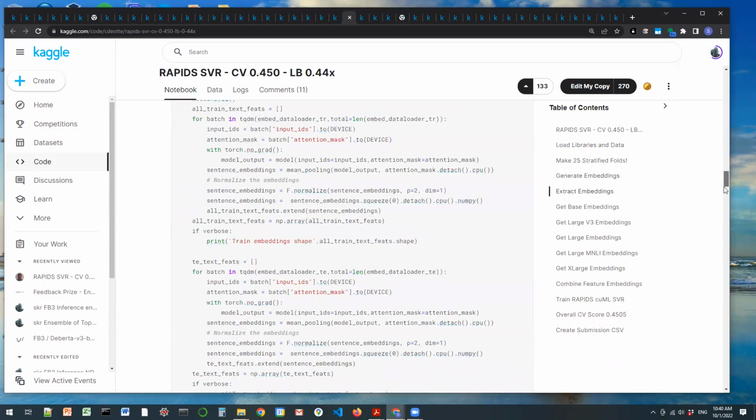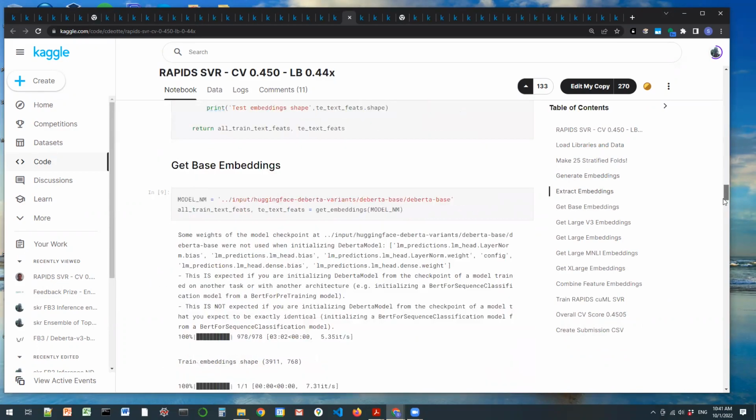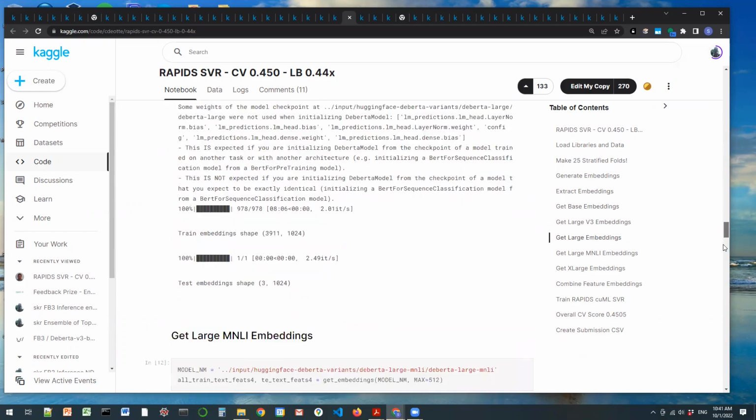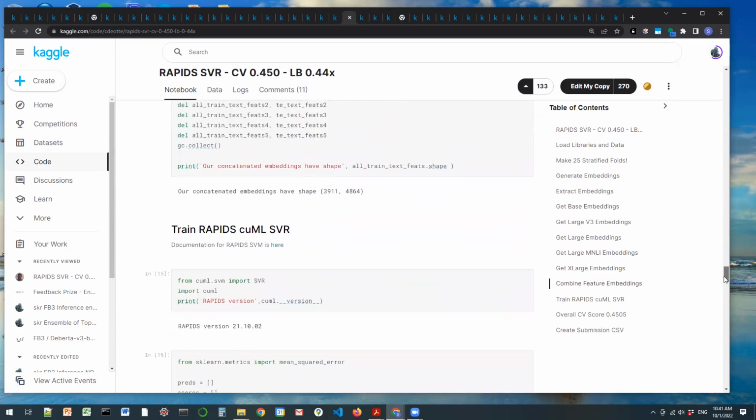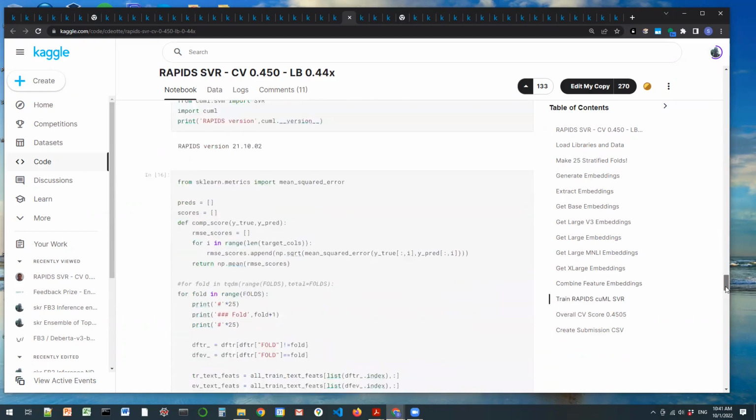Okay. So if you see here, he does all the folds and so on, sets up the notebook, gets all the embeddings, and then combines them.